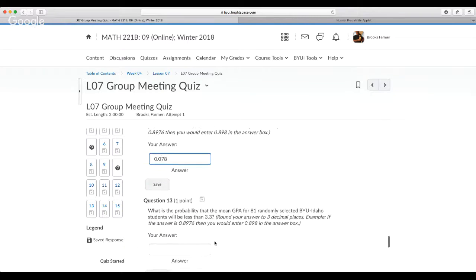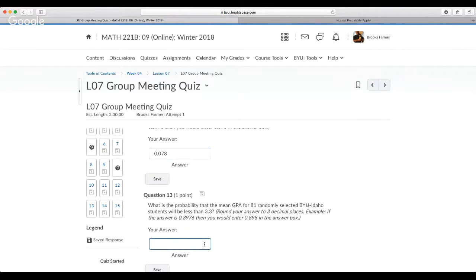You ready for 13 then? Yep. You want to read it, Camden? It says, what is the probability that the mean GPA for 81 randomly selected BYUI students will be less than 3.3? This is just what we've been doing. We'll talk about it in a sec.